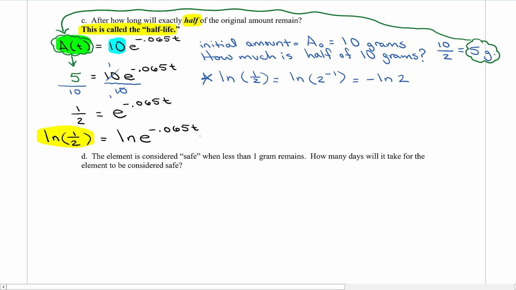I'm going to draw an arrow from my equation that I had written previously, with an arrow pointing slightly upwards and towards the right. I'm going to write down the natural log of 1/2 equals negative 0.065 t times the natural log of e. I'm applying the power property of logarithms here.